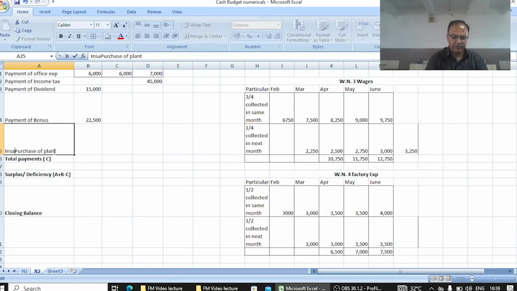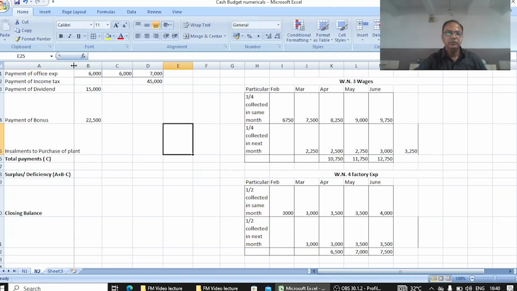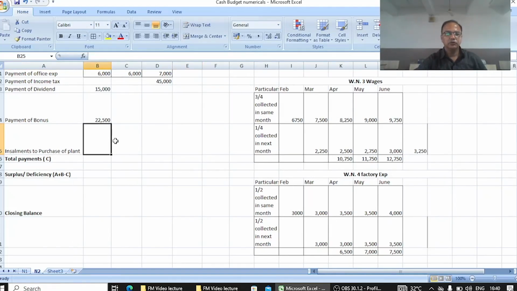Installment. Purchase of plant. 2,000. 2,000. 2,000.